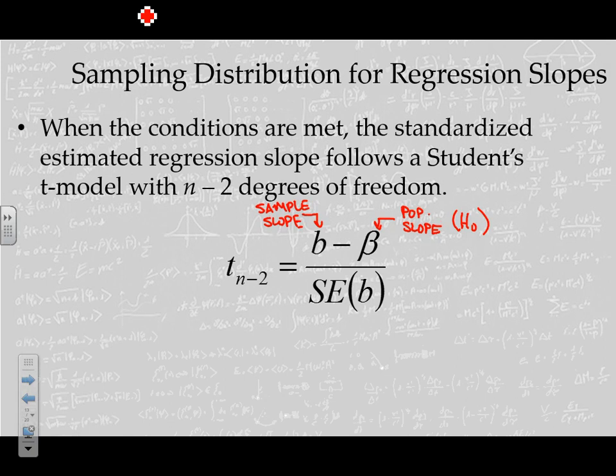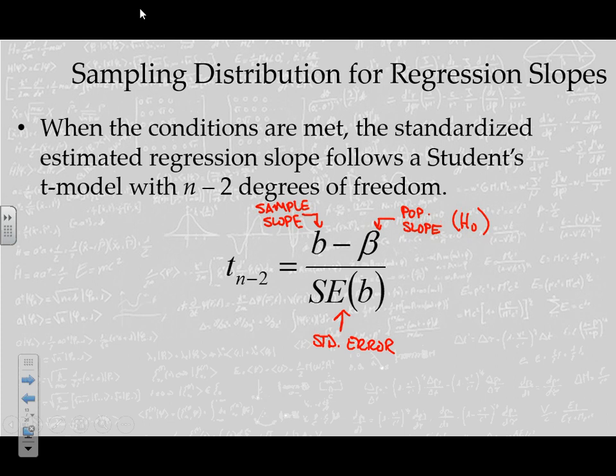So we get a sample value from the problem. We'll have a null hypothesized value, which is our population slope. That's our assumed slope. And then we have our standard error, which we talked about the formula for on the last slide, but in most cases we'll have a computer output that'll tell us exactly that value.